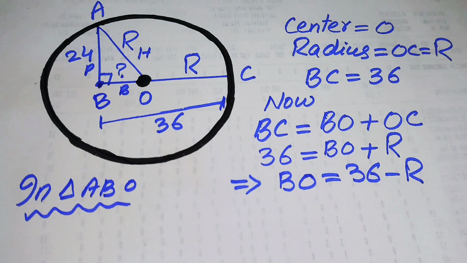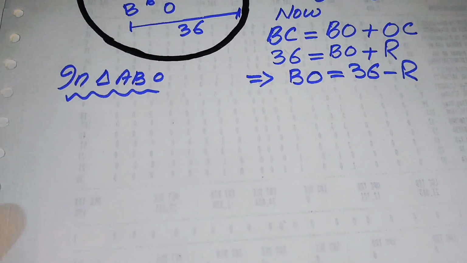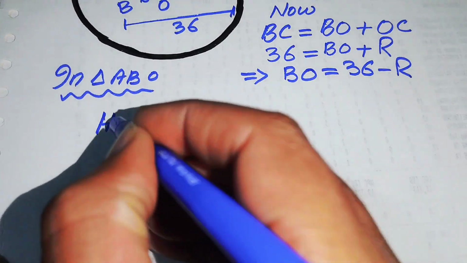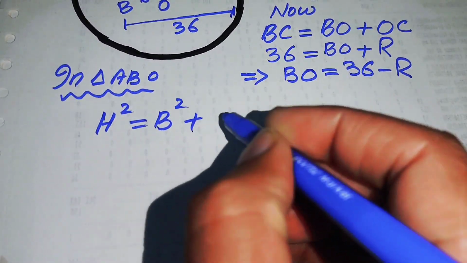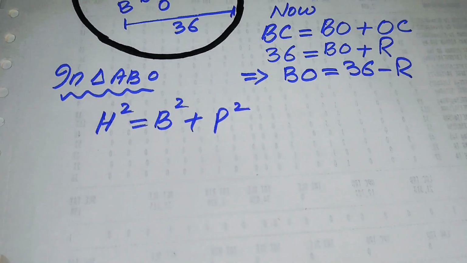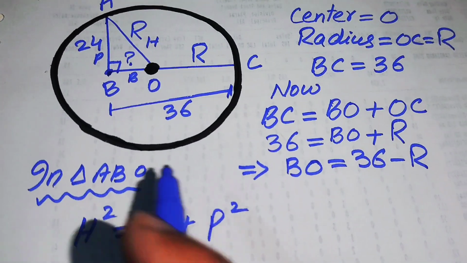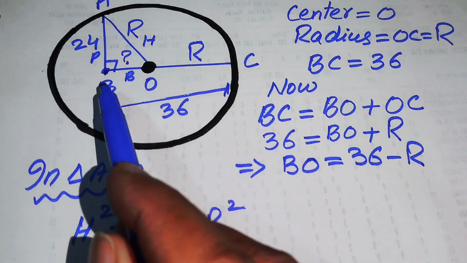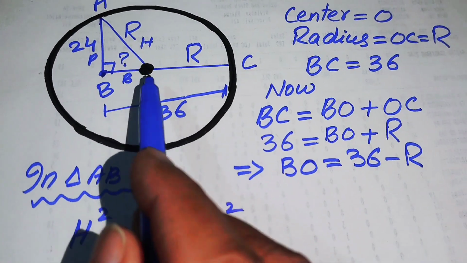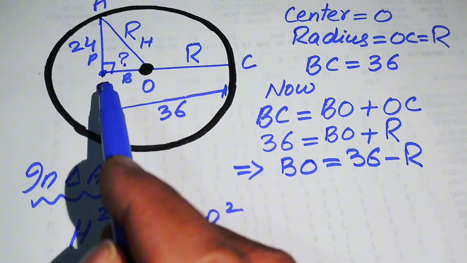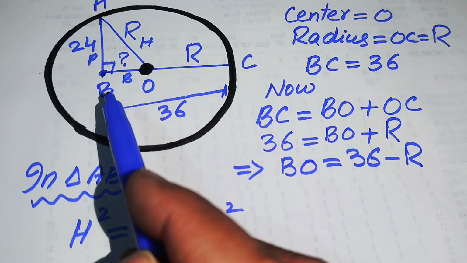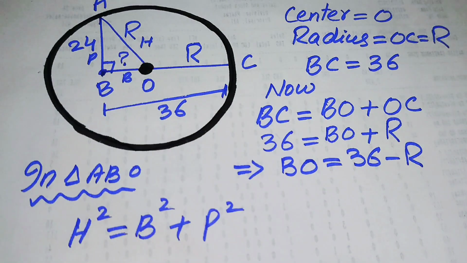The Pythagoras theorem tells us that hypotenuse square equals base square plus perpendicular square. In the diagram, our base is BO, our perpendicular is AB, and our hypotenuse is AO.